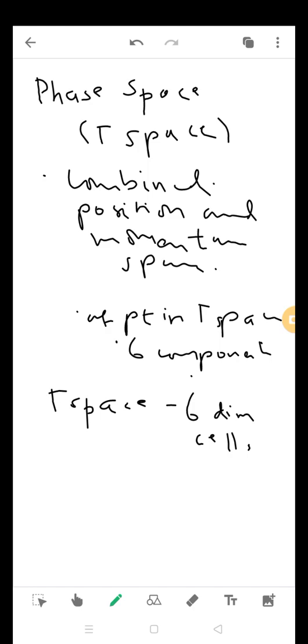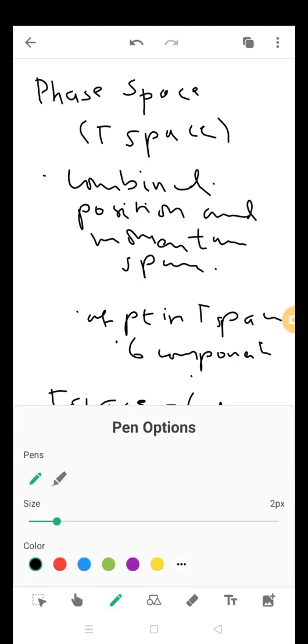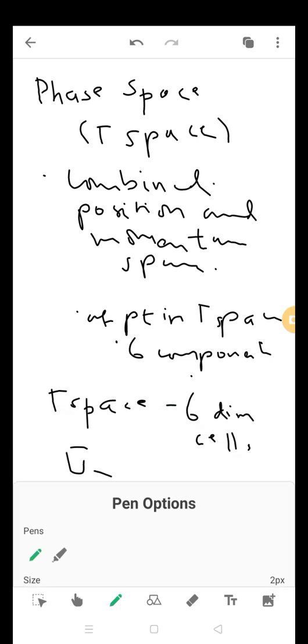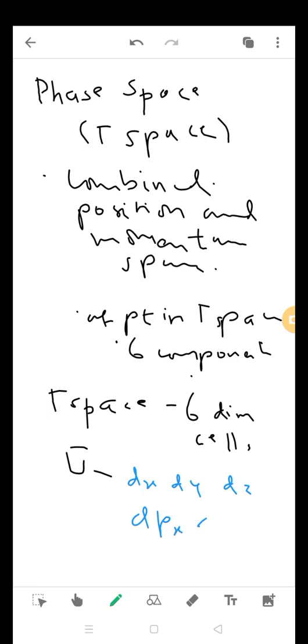This cell will have 6 sides, and these 6 sides will be dx, dy, dz, and dpx, dpy, and dpz. So dx, dy, dz for the position, and dpx, dpy, dpz for the momentum.